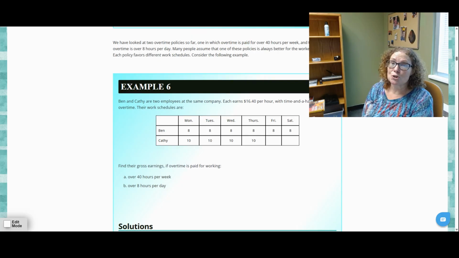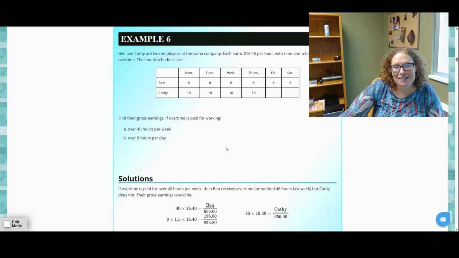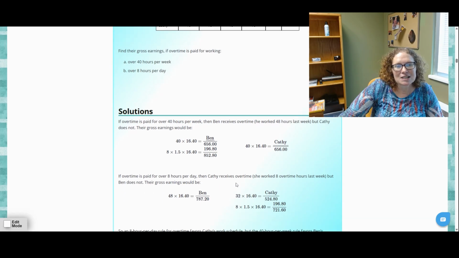They need to make sure that they're at least giving the employee that much money, because if not, they are essentially not following the law as that is concerned. So we're going to find gross earnings if overtime is paid on over 40 hours a week and over 8 hours a week. So we do the calculations.